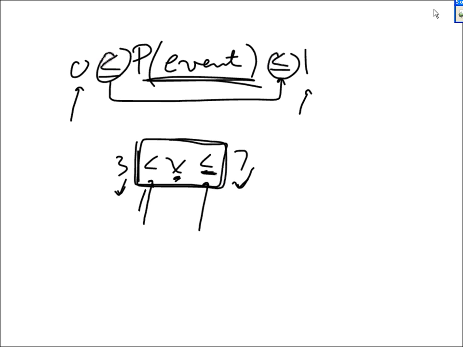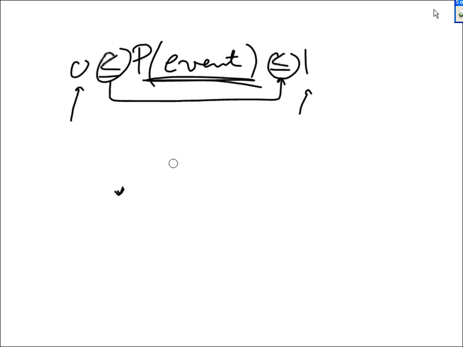Think of a number, I'm calling the number x, and x is in between 3 and 7. That has meaning to you. If you just read this as 3 is less than x is less than 7, it has no meaning to you. But thinking x is in between 3 and 7, that's strong.